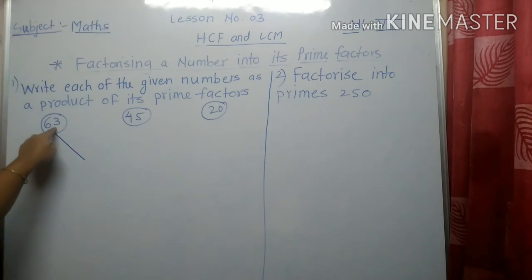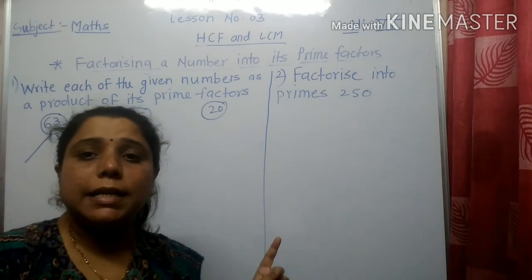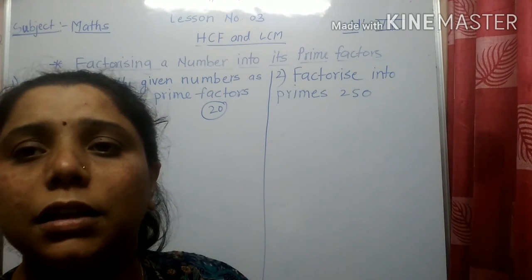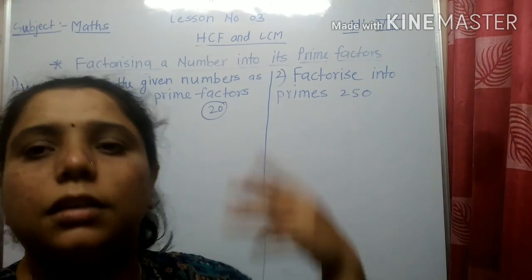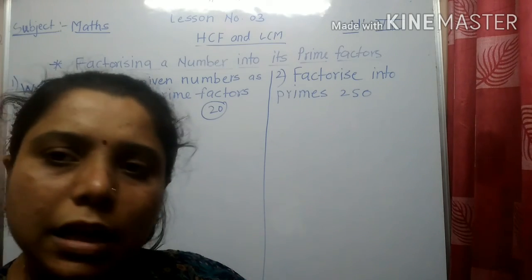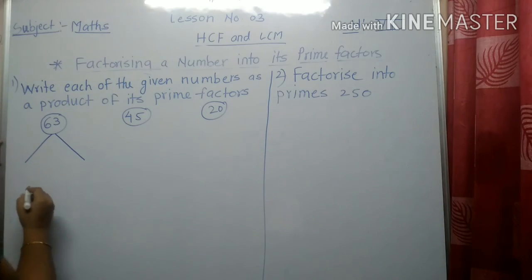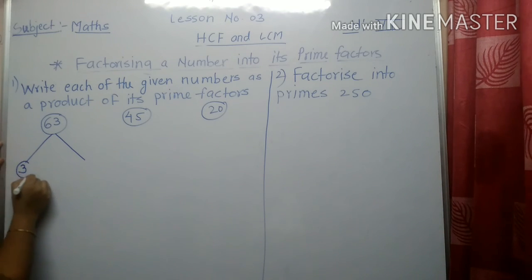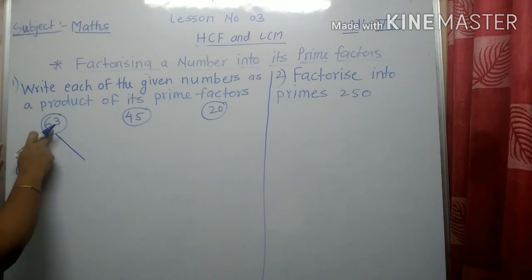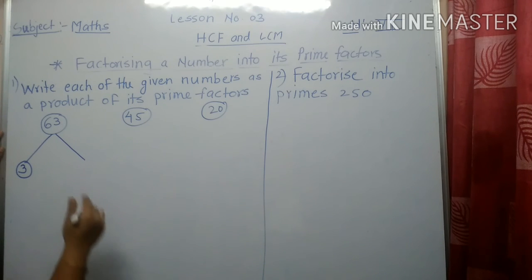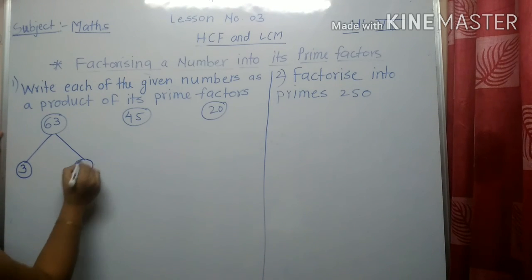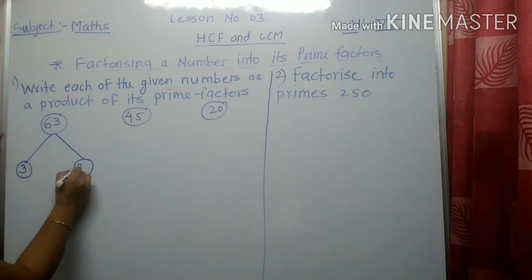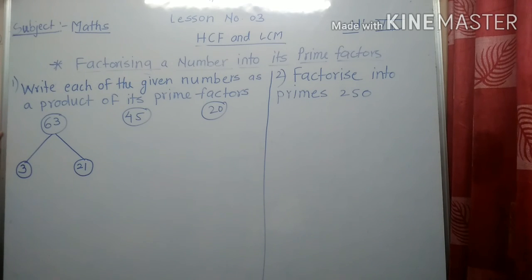So here 63 is not divisible by 2, so I have to take the number 3. Is 63 divisible by 3? Yes. So here I will take 3. Three 2s are 6, three 1s are 3.